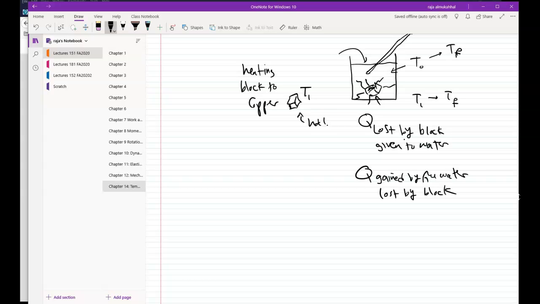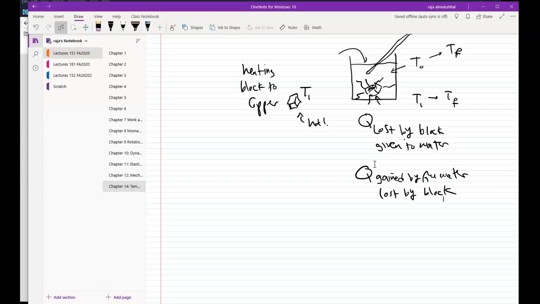Make sense? Well, how are those two Q's related? They must be equal, right? You see what I'm saying? Think of it this way. Let's say you and me are in front of each other. You don't have any money in your pocket. I have $10 bills in my pocket. And I'm going to give you $2.